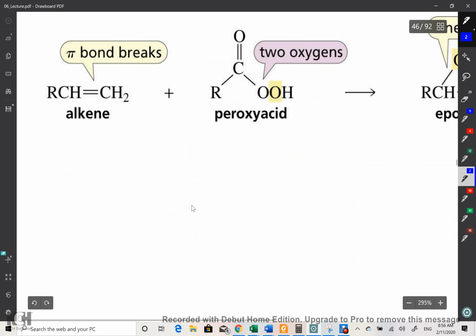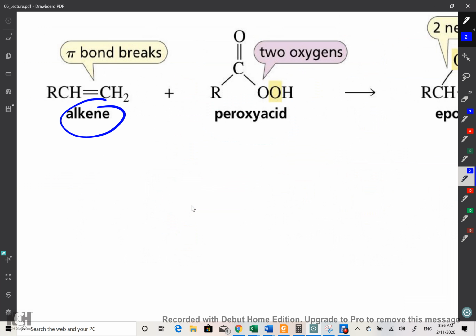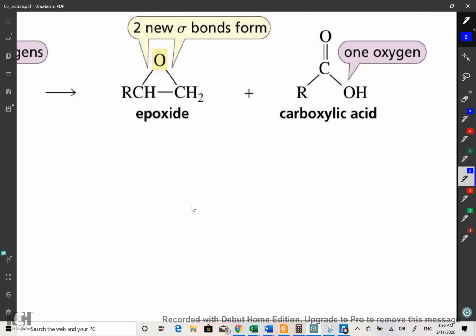If we have our alkene and we react the alkene with a peroxy acid, take note, you see the difference between this and a carboxylic acid? We have 3 oxygens. That's the difference. So we call those per-acids or peroxy acids. When you react an alkene with a peroxy acid, you principally form 2 products.